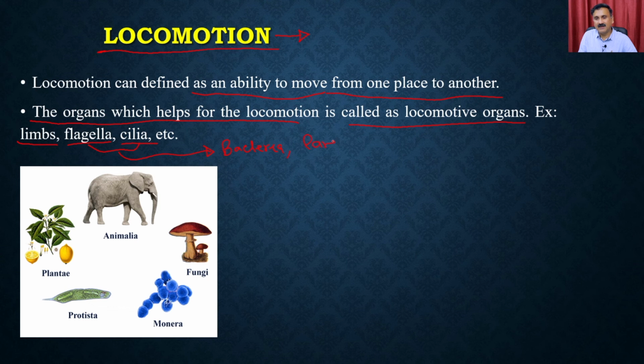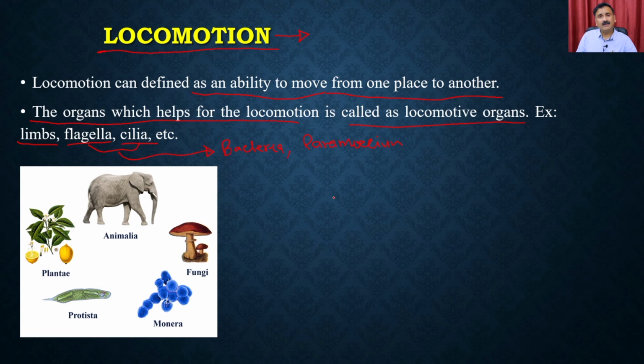You might have seen the paramecium, which has the cilia all over the body, and they utilize that cilia to move from one place to another place. Similarly, the flagellated bacteria or other kinds of bacteria also use them to move from one place to another place.